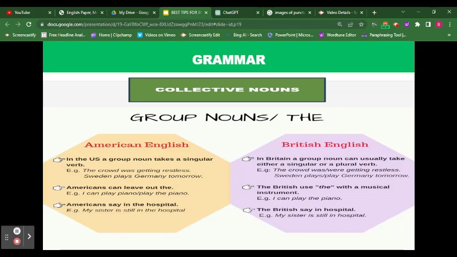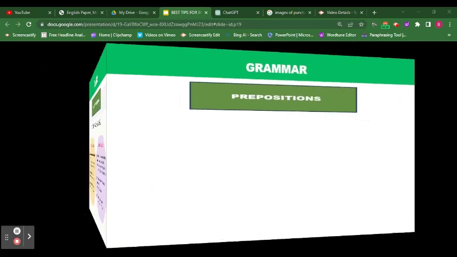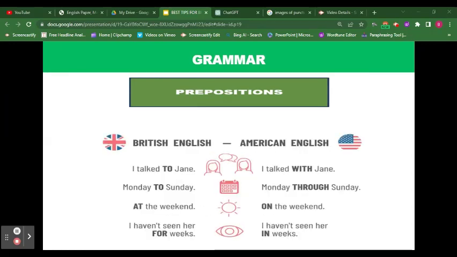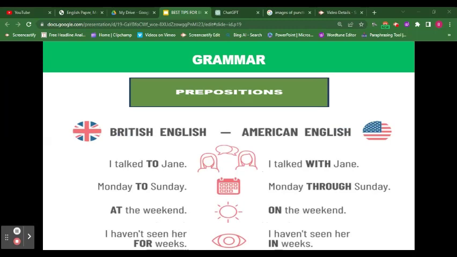So let's now move on to the next area of difference. And here we are looking at prepositions, okay? Use of prepositions, okay? That's another very important area.